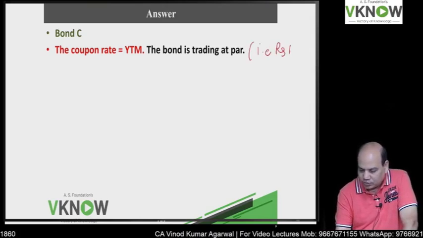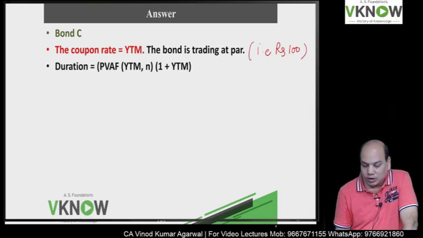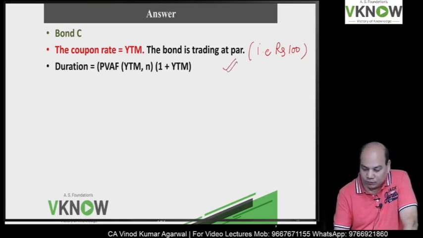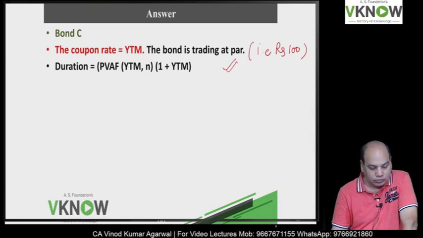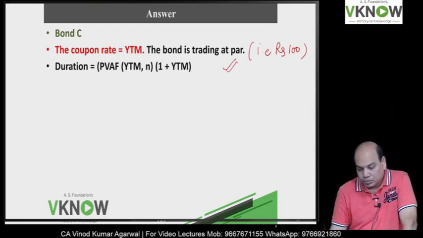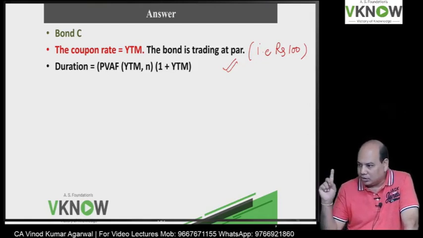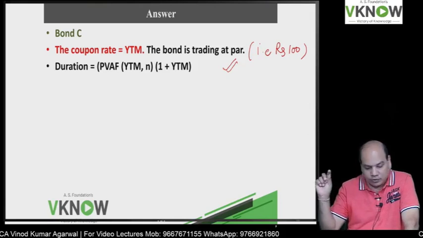Then write down duration. Now I have given you the logic of this shortcut formula. Duration is equal to PV annuity factor, because current yield and YTM will be same, so the ratio will be 1.